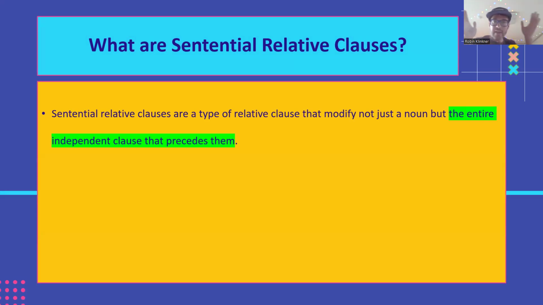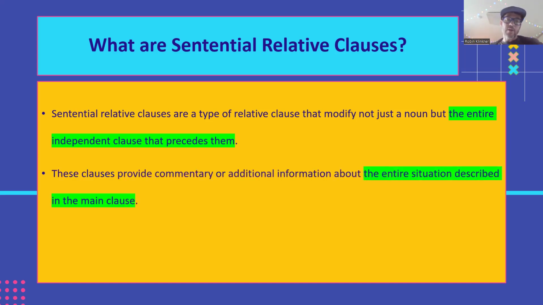They modify the independent clause, which is basically a sentence, that comes before it. So before, appositives just modified nouns; sentential relative clauses modify entire sentences. They provide commentary, additional information, not necessary information. Therefore, they're always going to use a comma.